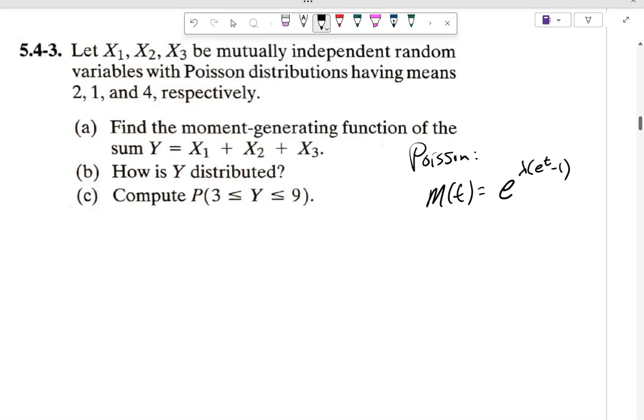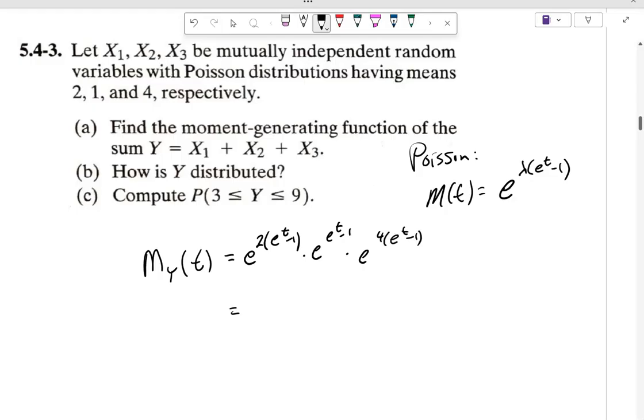So if I want the moment generating function for Y, in this case, what would we multiply together? It's e to the 2 times e to the t minus 1, and then e to the 4 times e to the t minus 1.